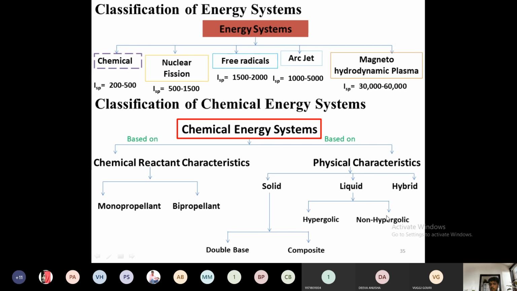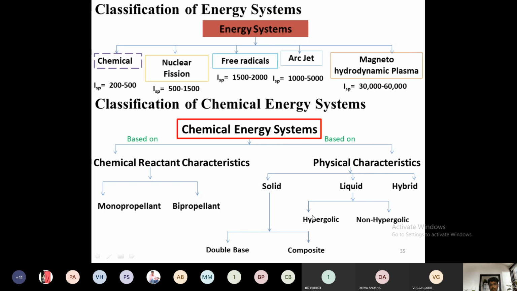Whereas in non-hypergolic propellants, we need to supply the oxidizer and fuel, and at the same time an ignition source, like some spark or some impact. In hypergolic, we need not supply any spark or ignition source. It will ignite on its own, spontaneously.